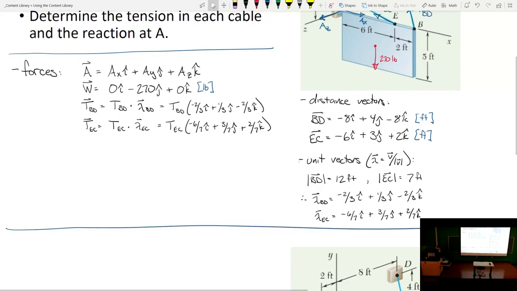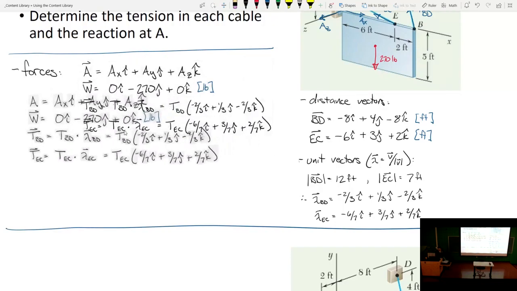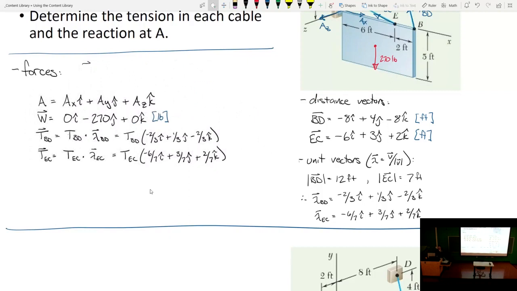So what I'll do, just to organize this a little better, is do that down here. Okay. While everybody's catching up, let's take stock of what we just did. We have defined all of the forces on this system in IJK notation.